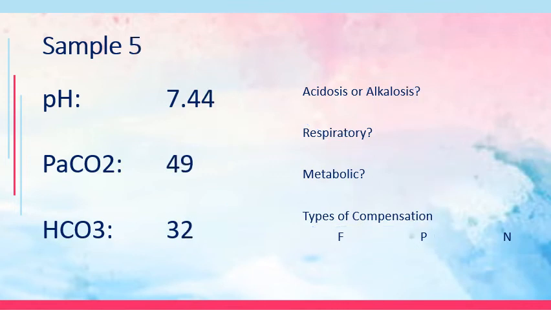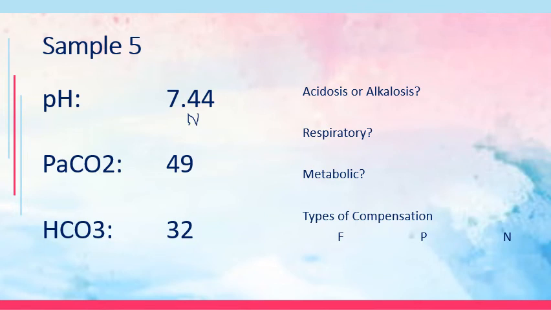To the last example, I mean. pH is 7.44. The normal value of the pH is 7.35 to 7.45. So, what is our interpretation for this one? 7.44 falls within normal range. Okay, this is normal. However, we need to know if it is acidosis or alkalosis.